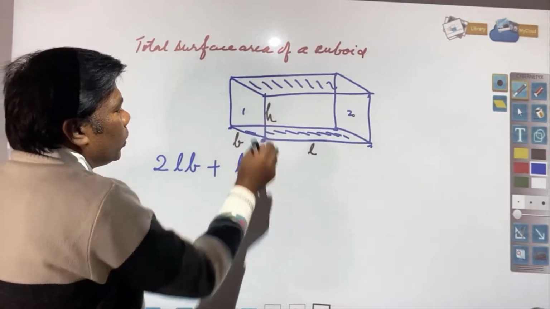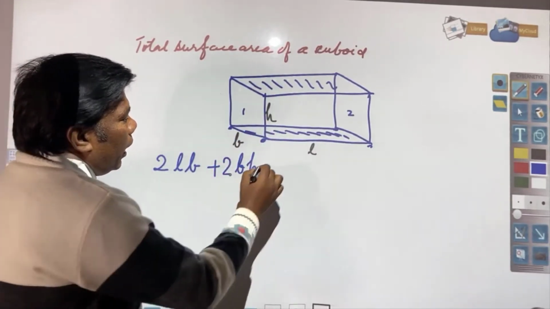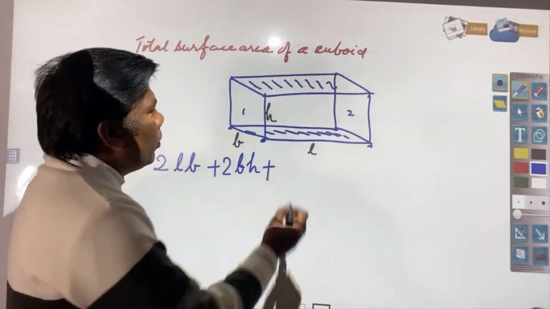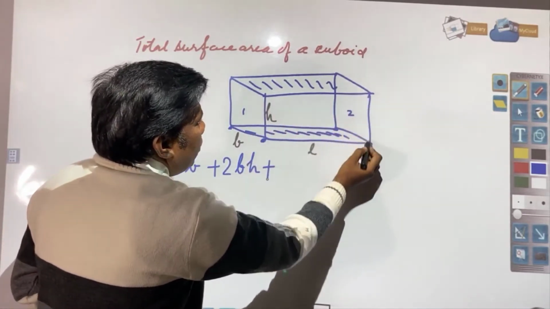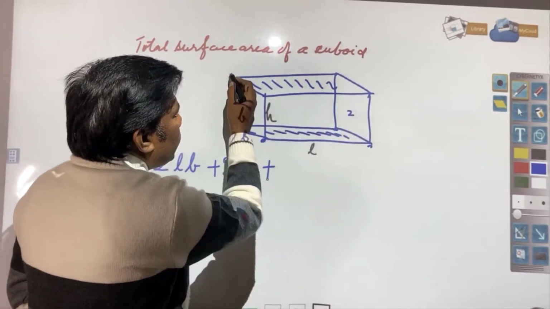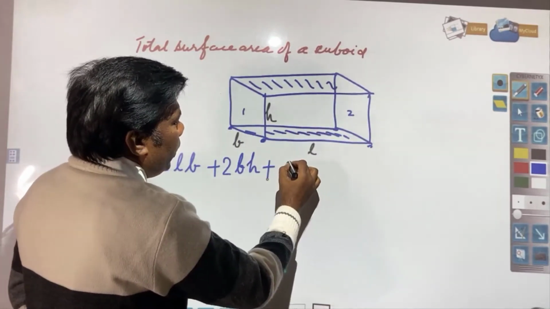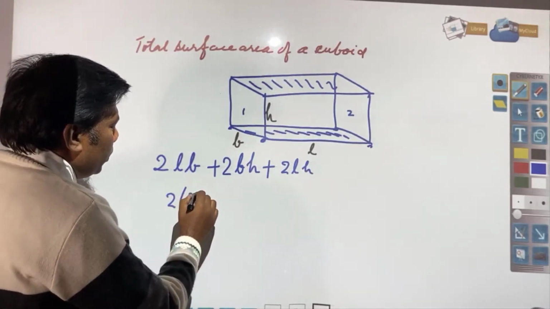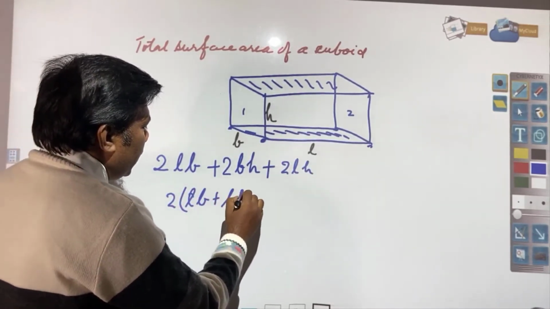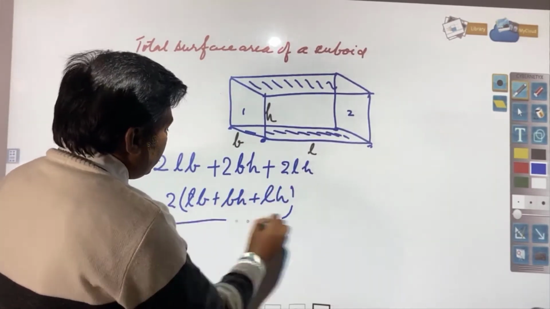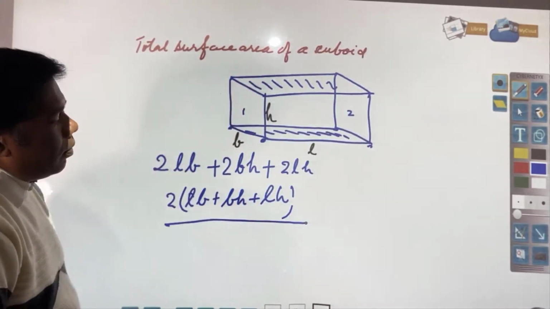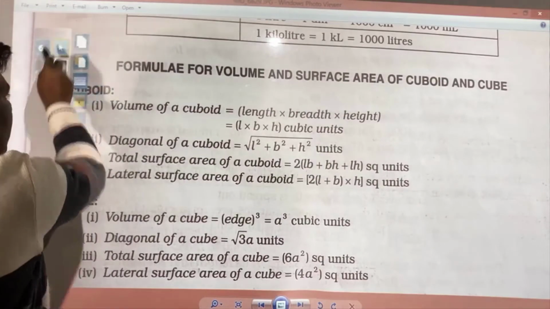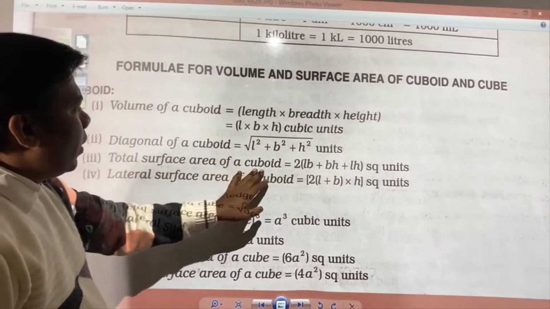So that will be 2B into H. And plus, again the remaining pair of walls will be L into H, this face and just opposite to it. So 2LH it will be. 2 can be taken out common. So what will be left? LB plus BH plus LH. And this is the surface area of a cuboid. So we have got the total surface area of a cuboid.